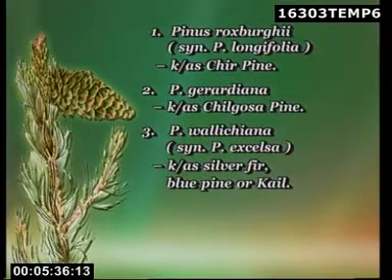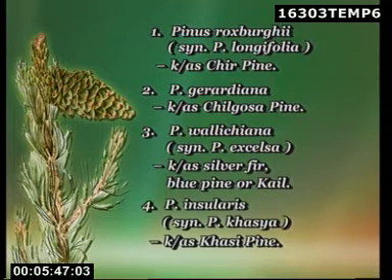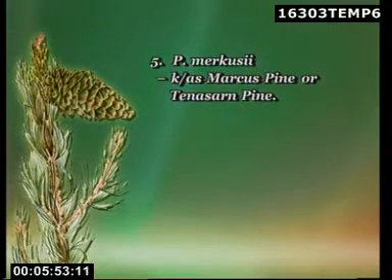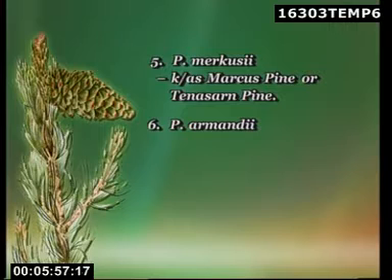Pinus wallichiana, known as Pinus excelsa. It is also called silver pine, silver fir, blue pine or kail. Pinus insularis or Pinus khasya, popularly known as Khasi pine, Pinus merkusii or Merkus pine and Pinus armandii. So these are the Indian species of Pinus.